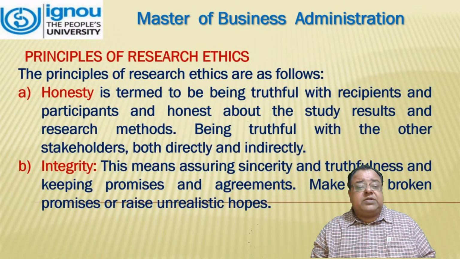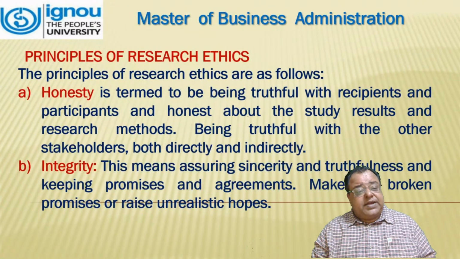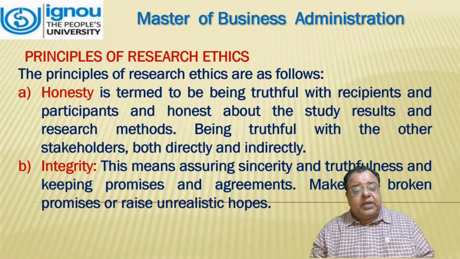What are the principles of research ethics? Honesty is being truthful with recipients and participants and honest about the study results and research methods, being truthful with the other stakeholders, both directly and indirectly. Integrity.